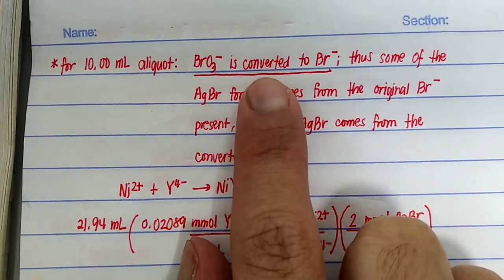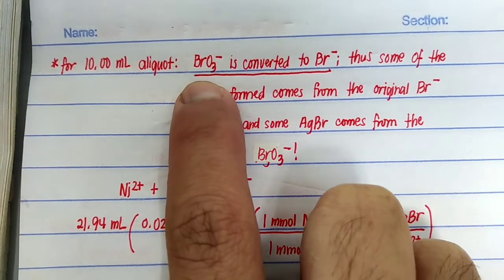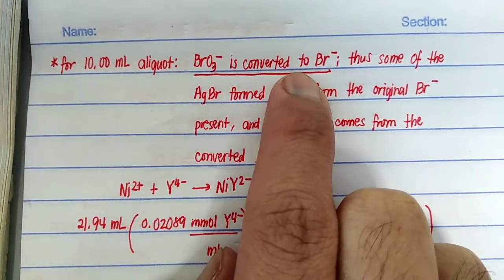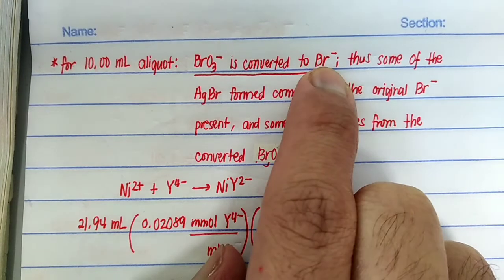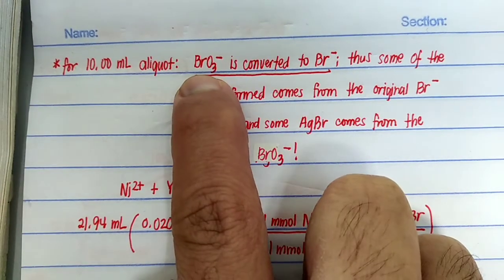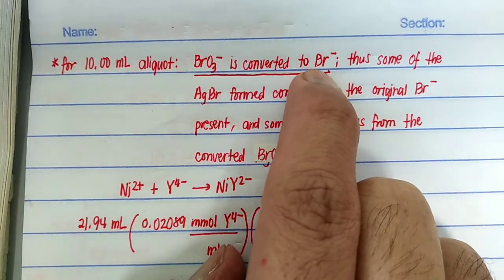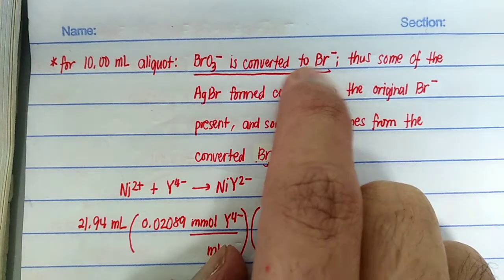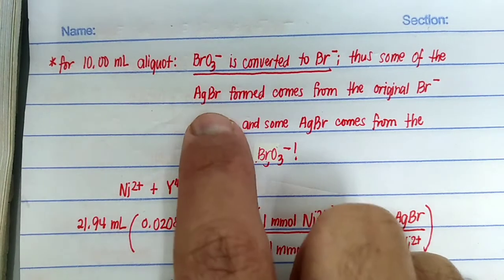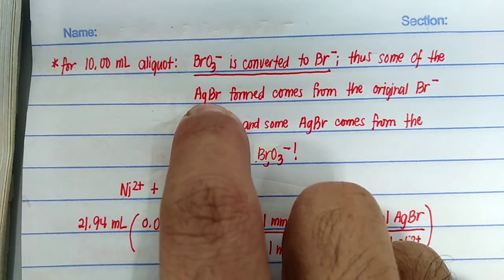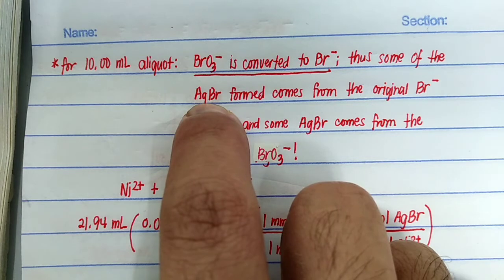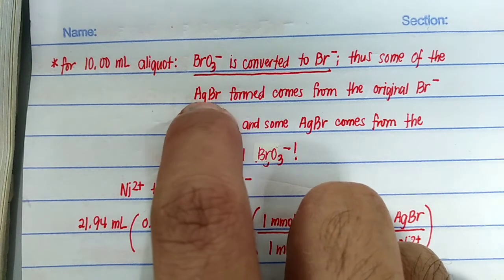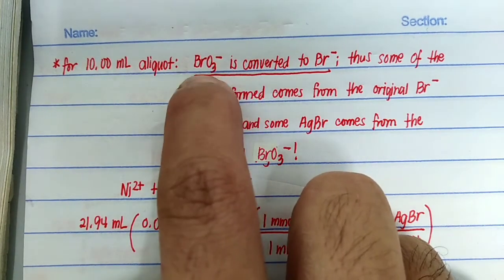So if you've read the problem carefully, the bromate ion was first converted into the bromide ion. Once the bromate is turned into the bromide, the bromide that was formed will then become HgBr. So what we want to do now is to compute just how much HgBr was formed by the bromate only.